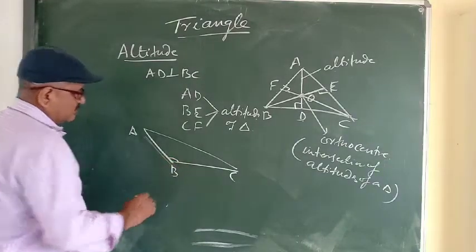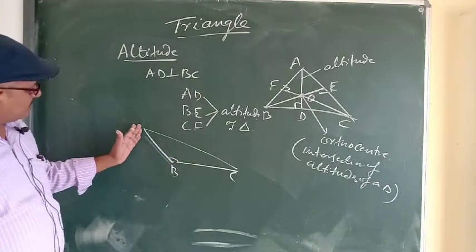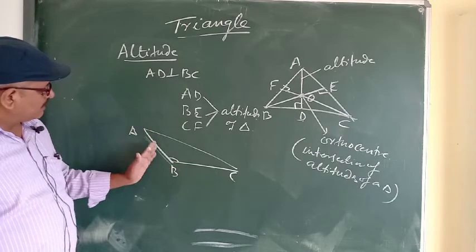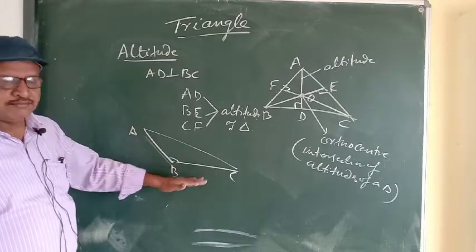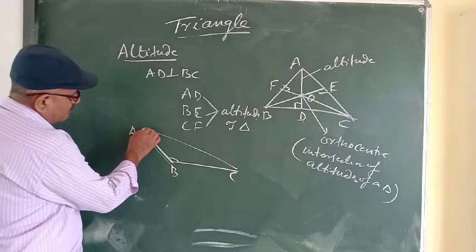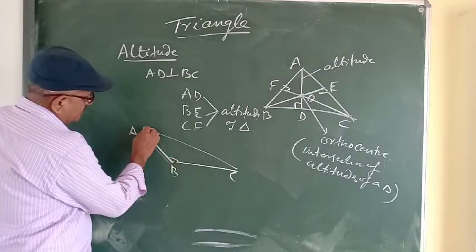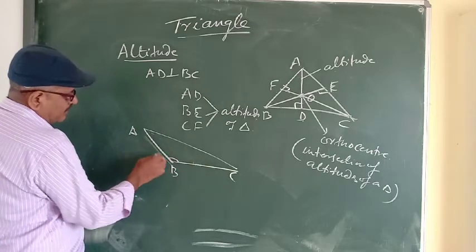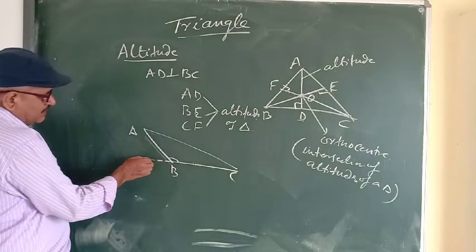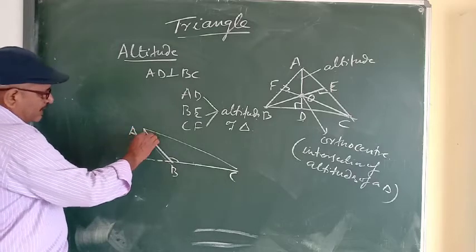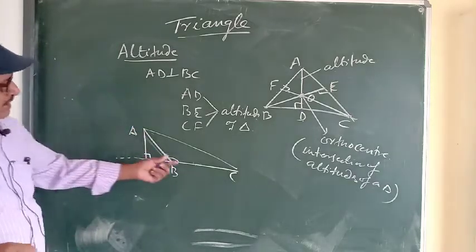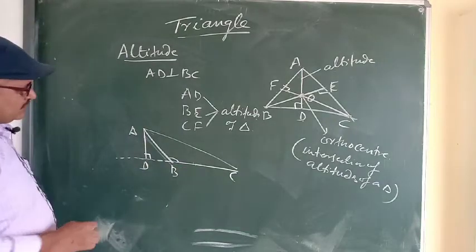How can we draw the perpendicular from vertex A on the side BC? We cannot draw the perpendicular like this, because this angle cannot be 90. So we will produce BC, and from A we will draw the perpendicular. AD is the height corresponding to the side BC.